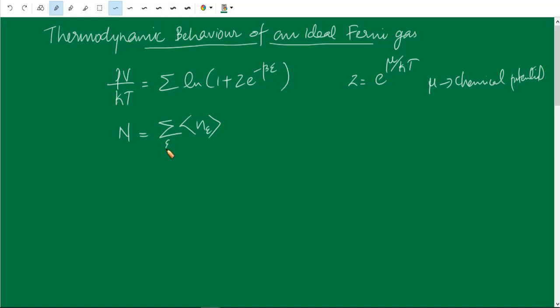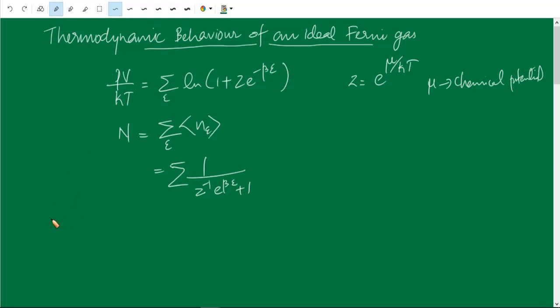Which can be written as the summation of 1 divided by (z^(-1) e^(βε) + 1). So this is the case for fermions or Fermi systems.